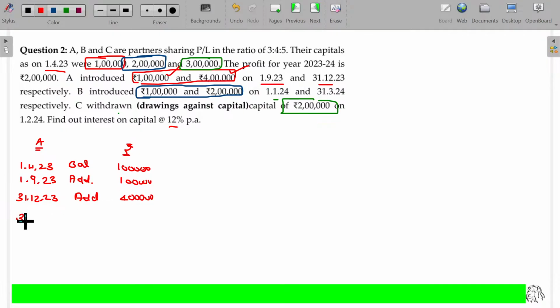Now what is the year end? 31st March 24 will be the year end.